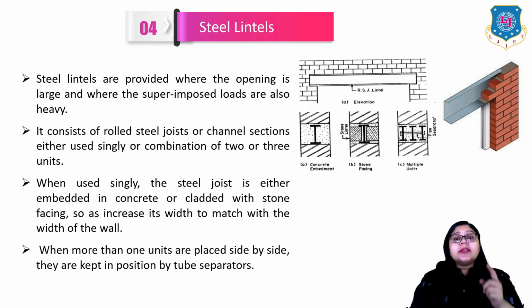When used singly, the steel joist is either embedded in concrete or cladded with stone facing so as to increase its width to match the width of the wall. When more than one unit is placed side by side, they are kept in position by tube separators. Here you can see a clear image of the steel lintels.